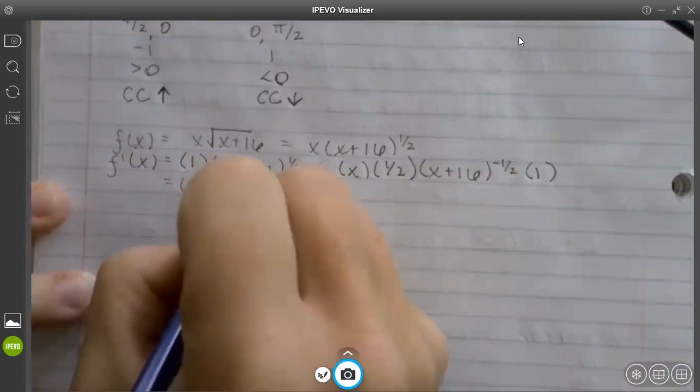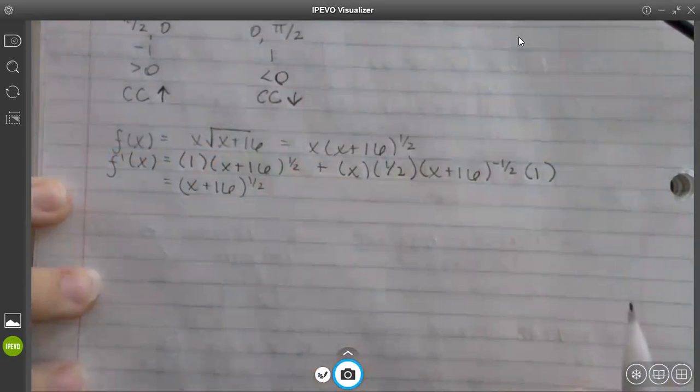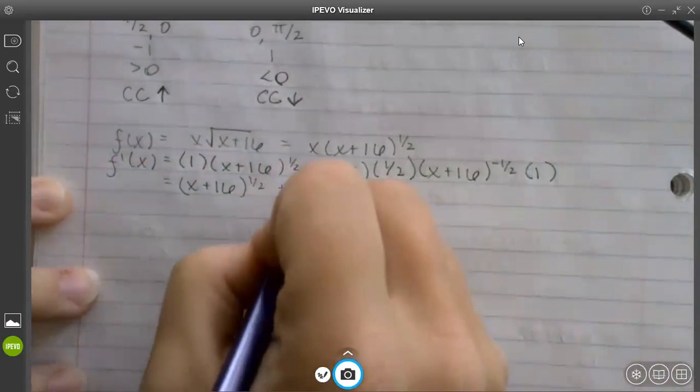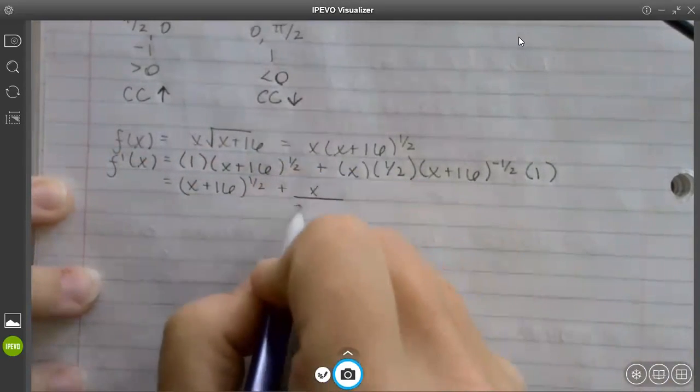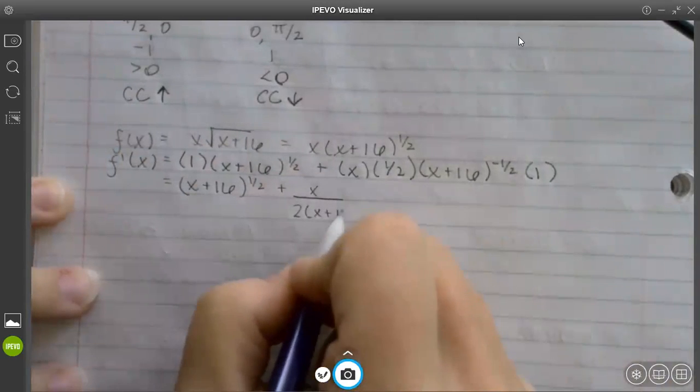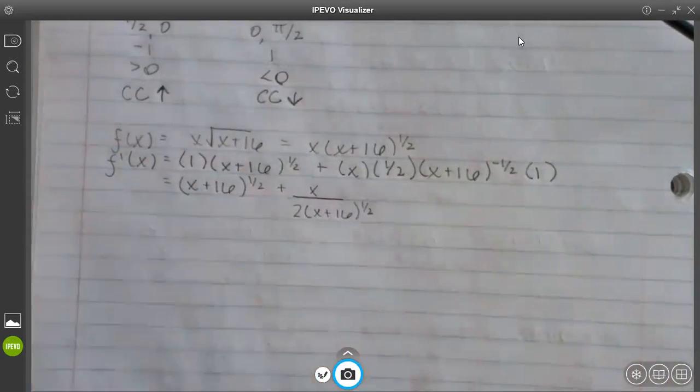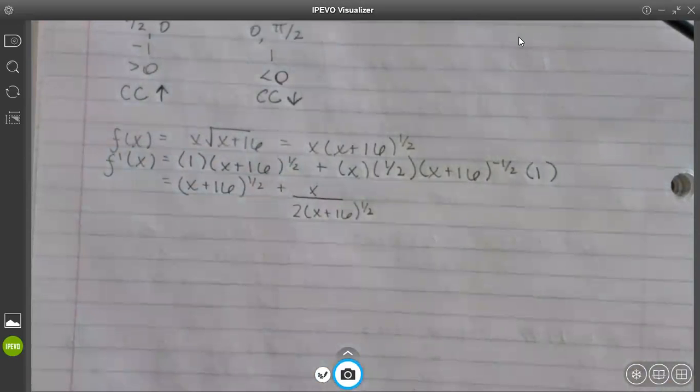So we get x plus 16 to the 1/2. You have x on top, 2 times x plus 16 to the 1/2 on bottom. You can take the full derivative of this, or you can put it together. I would rather you put it together. So how would you put this together?